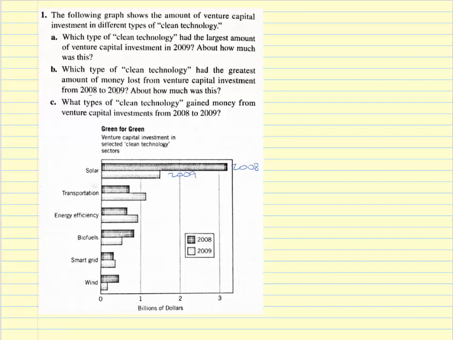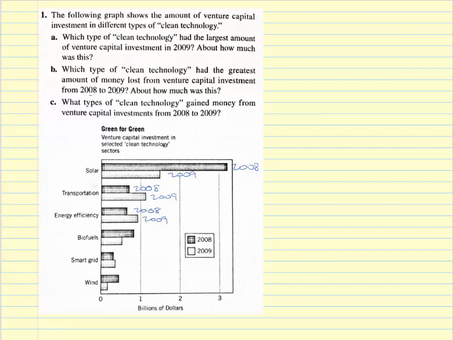And then this lighter bar represents how much money in billions was invested in 2009. So we're going to be given lots of different kinds of clean technologies, and it's the same 2008 and 2009 for each of the different bars. 2008 for the dark bar and 2009 for the lighter bar.